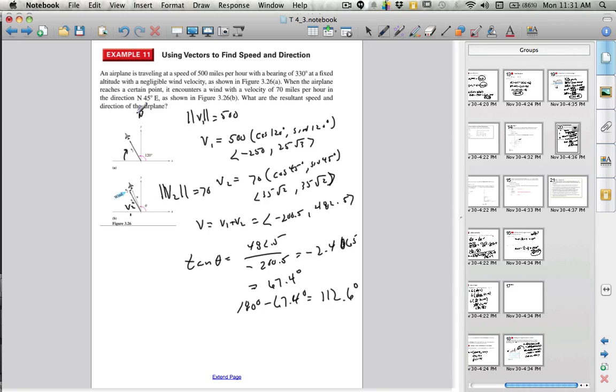So if we look at the direction of the airplane, it's going to be found measuring from north, right? So this is going to be 270 degrees plus the reference angle. So the direction will be 270 degrees plus 67.4 degrees. And that's going to be 337.4 degrees.